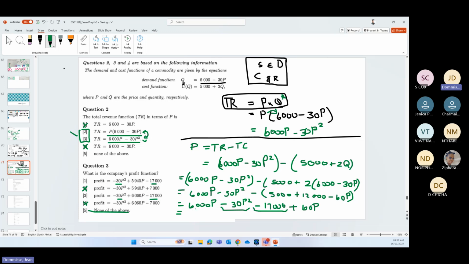And then 6,000 plus 60 will give us 660p. So there you can see if you minus, you will get that one. If you add like you should, you will get option 3. Okay, so just look at that one. So if you did say it's minus 60, you would have had an option to go by as well.